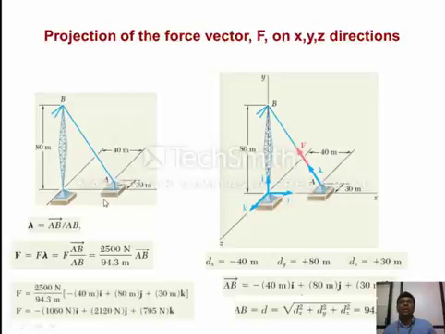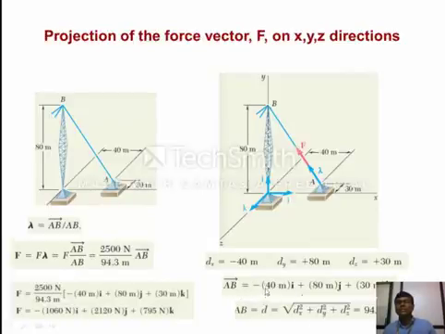If you fix it, 30 in the k direction, which is basically the negative of the z direction. This is the x, this is the z, minus z, this is the y. So you construct the dx component, dy component, dz component from the origin, and you know what AB is.